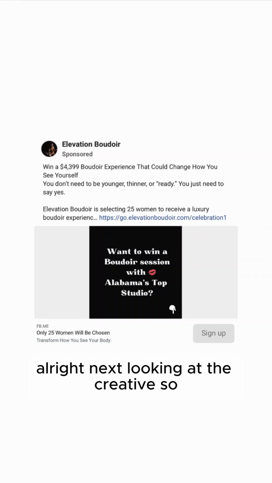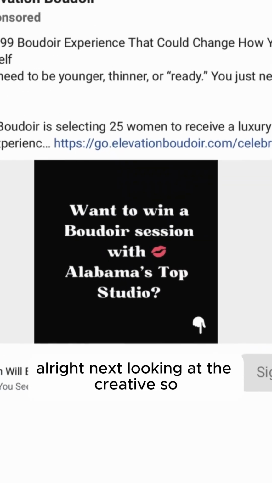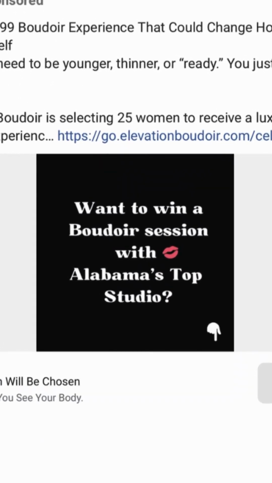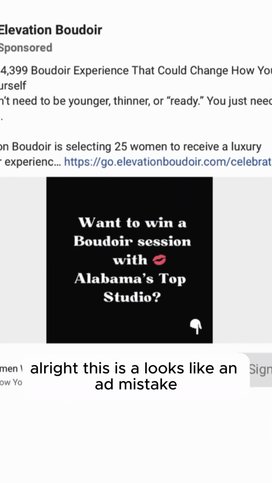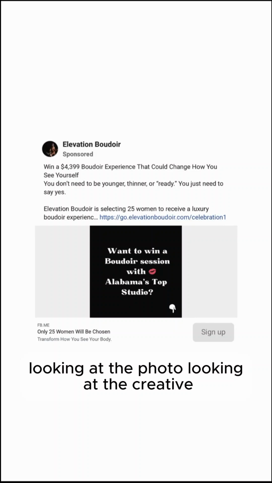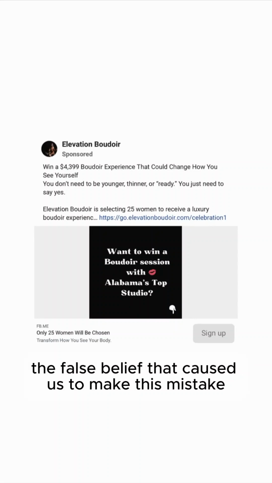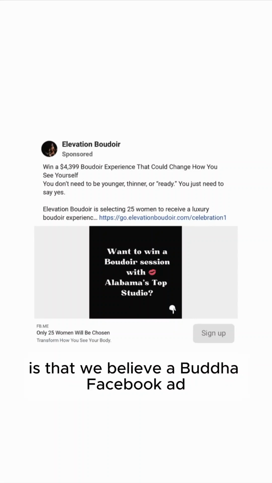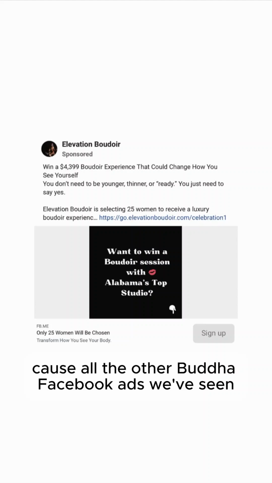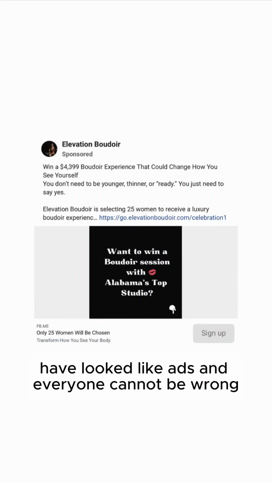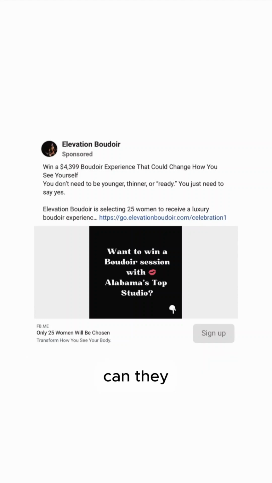All right, next, looking at the creative. All right, let's see. Looks like an ad mistake. Looking at the photo, looking at the creative. The false belief that caused us to make this mistake is that we believe a boudoir Facebook ad should look like an ad, because all the other boudoir Facebook ads we've seen have looked like ads, and everyone cannot be wrong, can they?